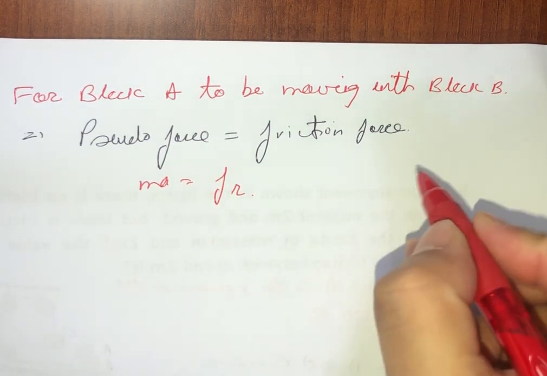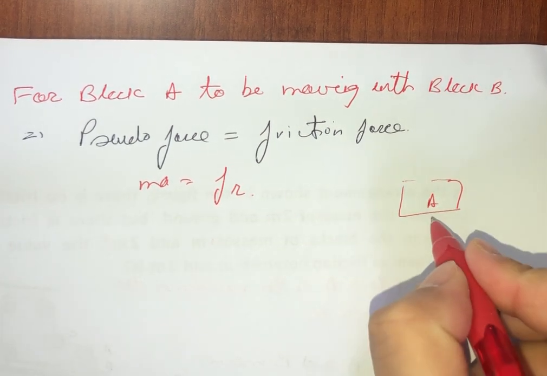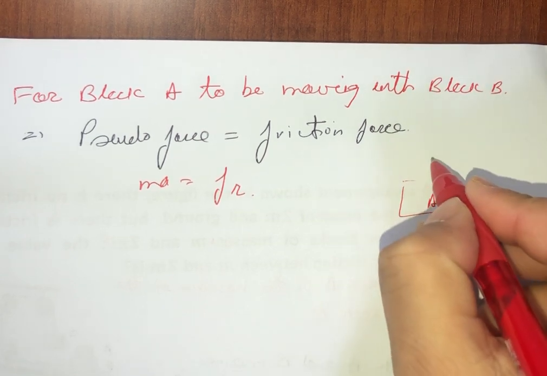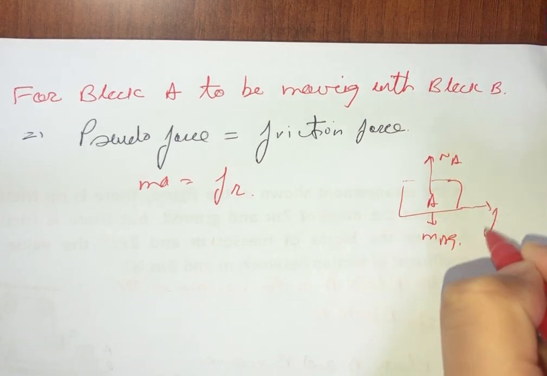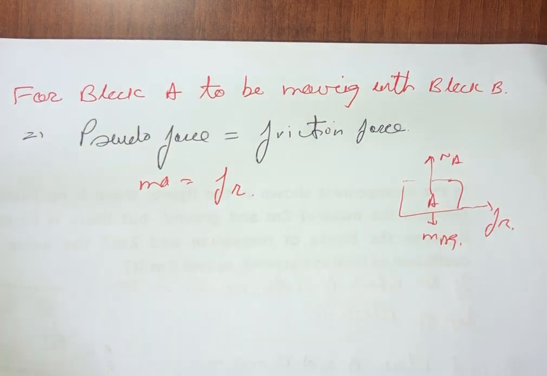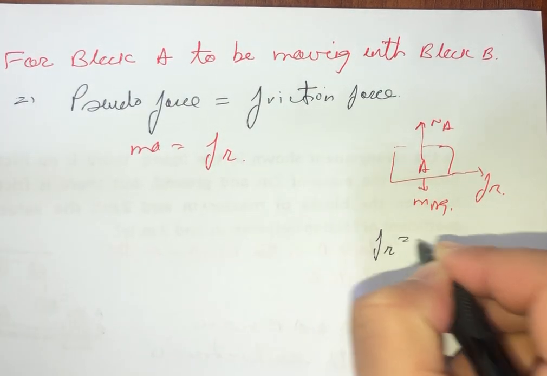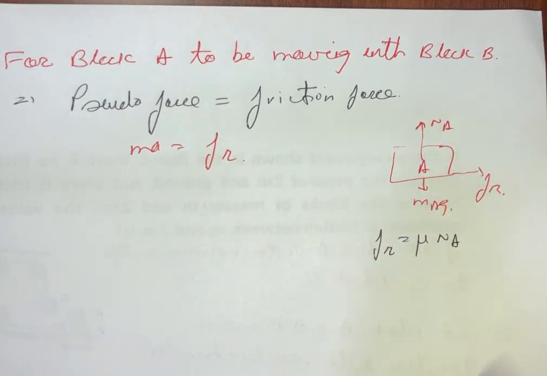And for block A, we are going to have mAg in the downward direction, and there will be a normal NA, and this is our friction Fr. So the value of Fr will be equal to mu NA, and NA will be equal to mAg.